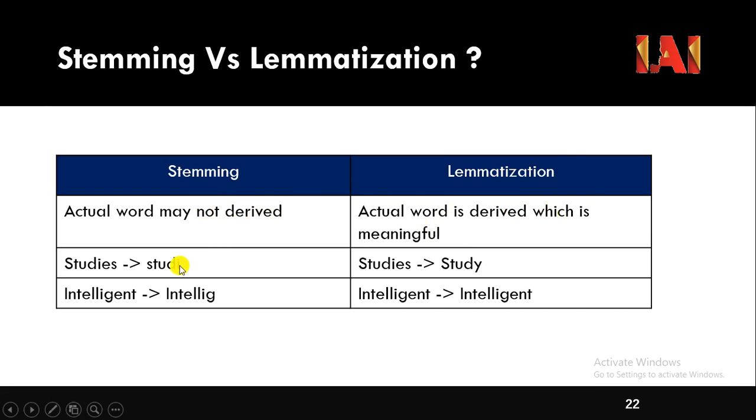For example, when I used stemming on studies and intelligent, it returned a non-dictionary form of the word. Whereas with lemmatization, it returned the dictionary form of the word. It not only performed the word reduction, but also returned the dictionary form of the word.